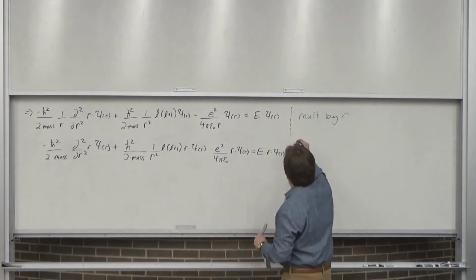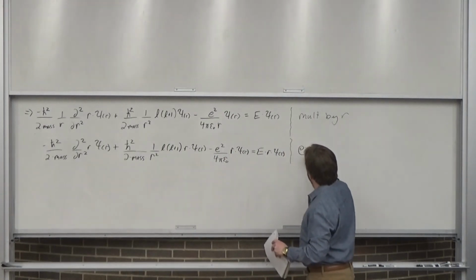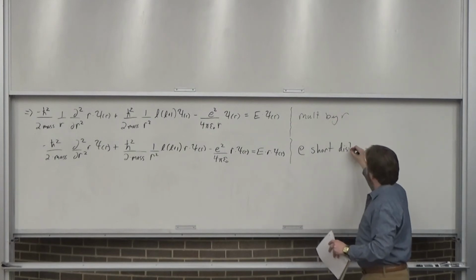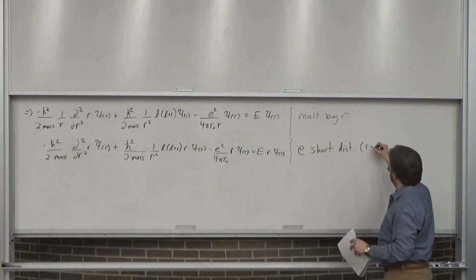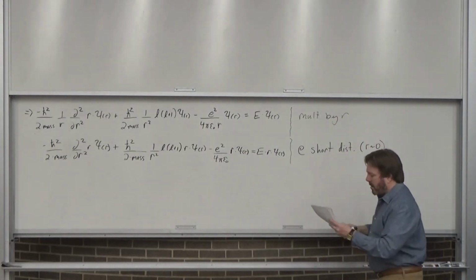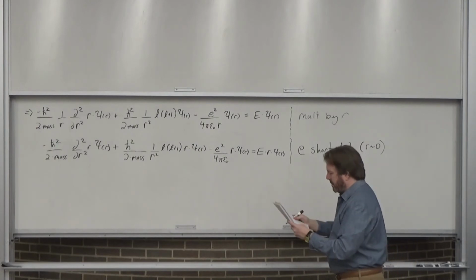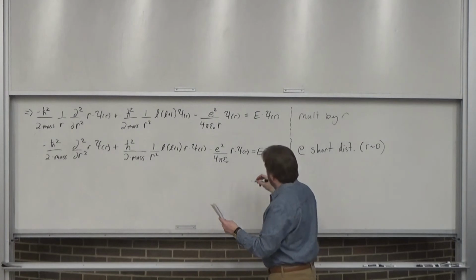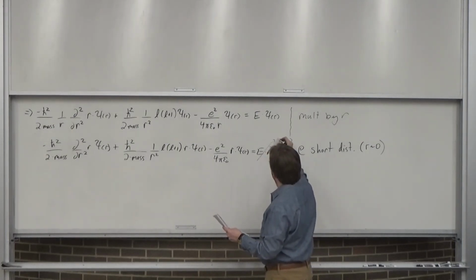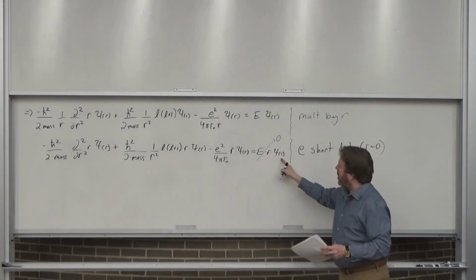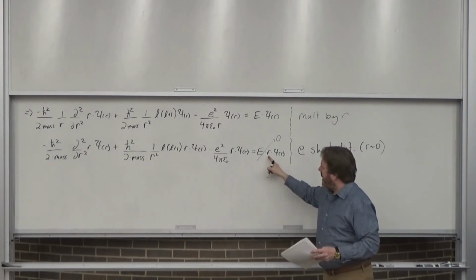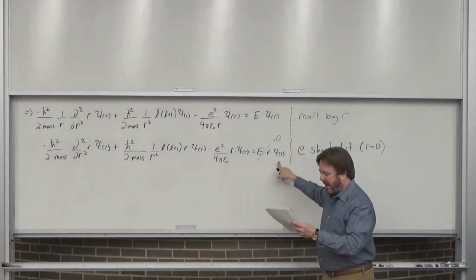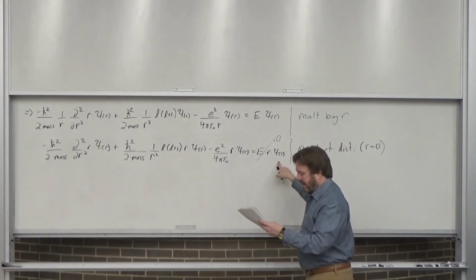Again, my instruction set. At short distances, that of course means r is close to 0. If r is close to 0, let me stare at this for a while, okay, so we're going to make that 0. Now, if e times r times the wave function, that r, if r is close to 0, that justifies just making that 0. Let's see, what else can I do?